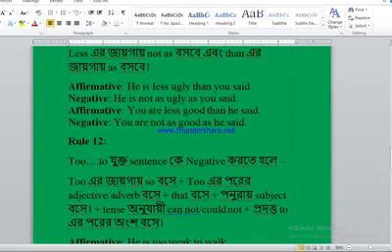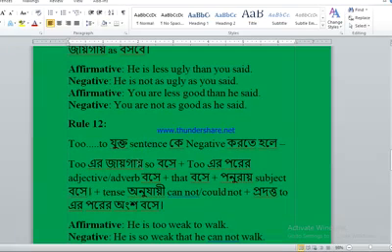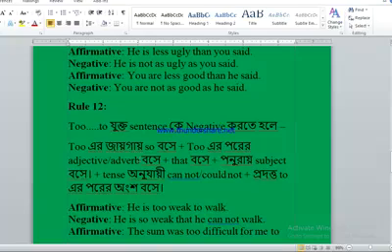Rule number 12. Too. That means if you see too in your affirmative sentence, you can turn it into a negative sentence this way.